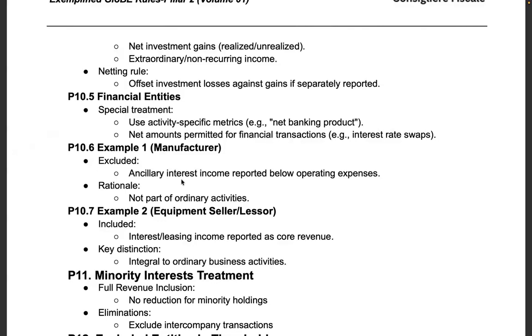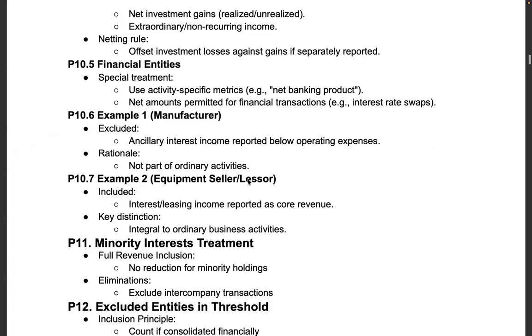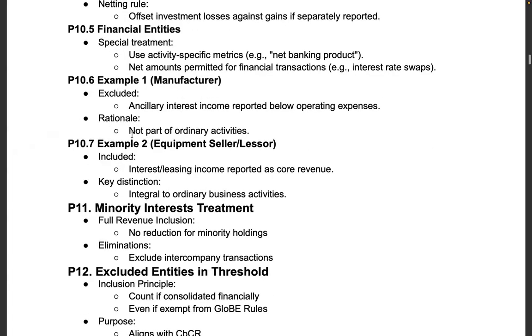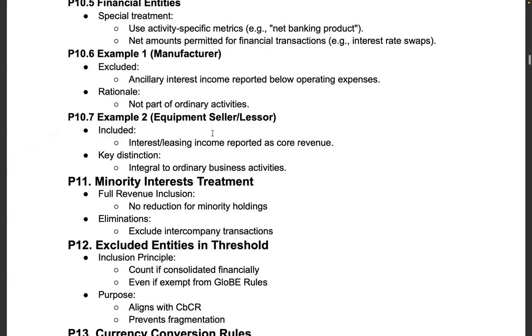Usually if they have taken loans or debts, etc., there's an interest expense, but they get some level of interest income as well because of their treasury placements. So that ancillary income is reported as other income below the operating expense, below the operating results, operating profits. Why do we do that? Because that's not part of the ordinary activities.